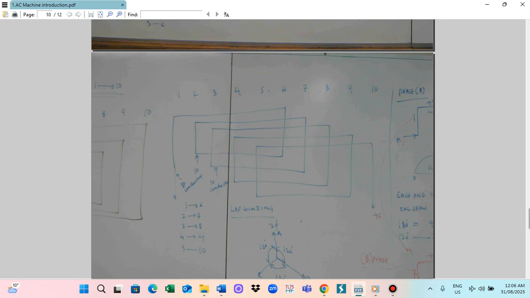So that is how to do it: 1 to 6, 2 to 7, 3 to 8, 4 to 9, and then 5 to 10. This one we call the lap winding.